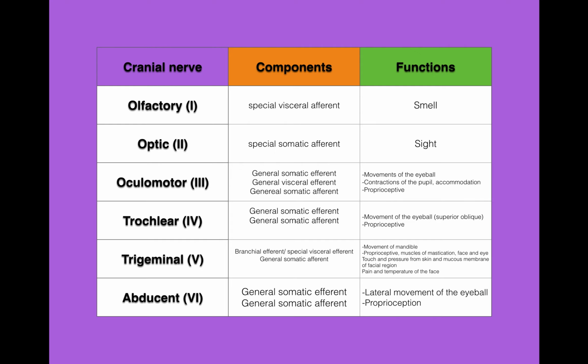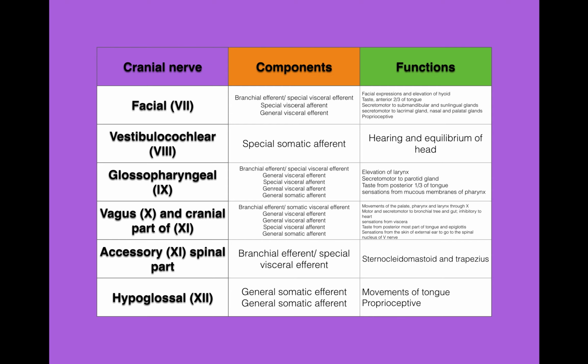And then we have the abducens nerve, and it has the general somatic efferent and the general somatic afferent components, and it helps in lateral movement of the eyeball as well as proprioception.